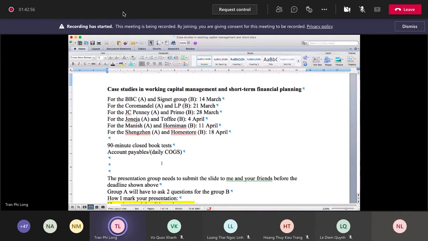And when you calculate the daily cost of goods sold, it will equal the cost of goods sold divided by 360 or 365, something like that. And in some situations, if you cannot find the information about the cost of goods sold, you can use this formula with daily sales. However, as I told you before, you can use either this formula or this formula, but it needs to be consistent.